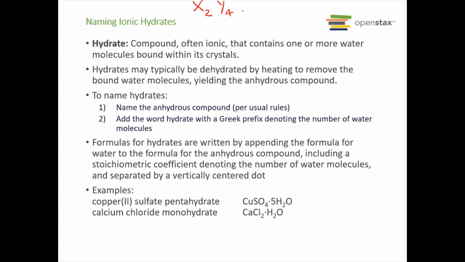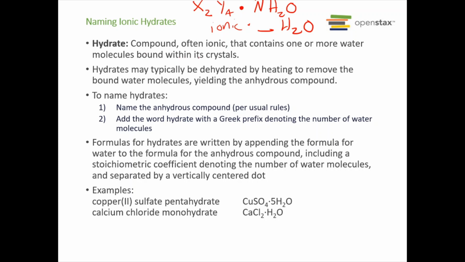And how we represent that is we put a big dot here, which is not a multiplication sign. Rather, that indicates that we have a hydrate. And then after, you'll have some number, and I'll go ahead and put N, whatever that number is, of water molecules. So it's an ionic compound, big dot, and then some number of waters. That's a dead giveaway that you have some sort of hydrate.